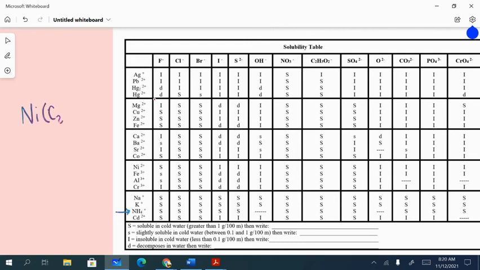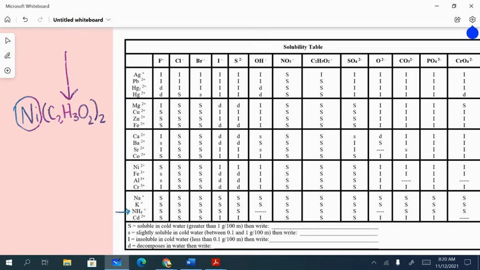This is nickel acetate. You're going to know that if the first element is not a polyatomic ion of ammonium, then this is going to be your cation, and the rest of it is going to be your anion.